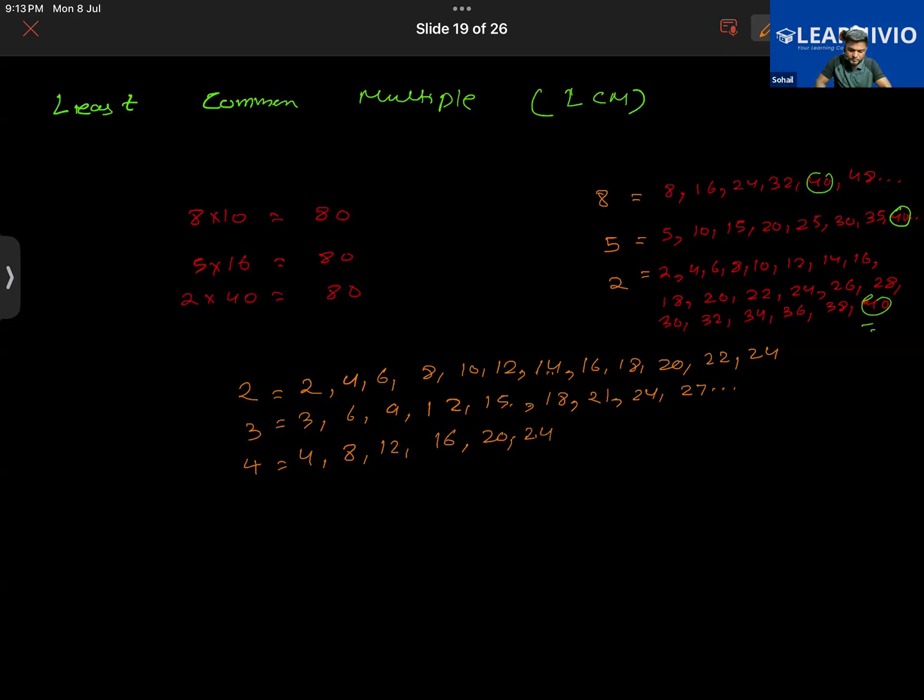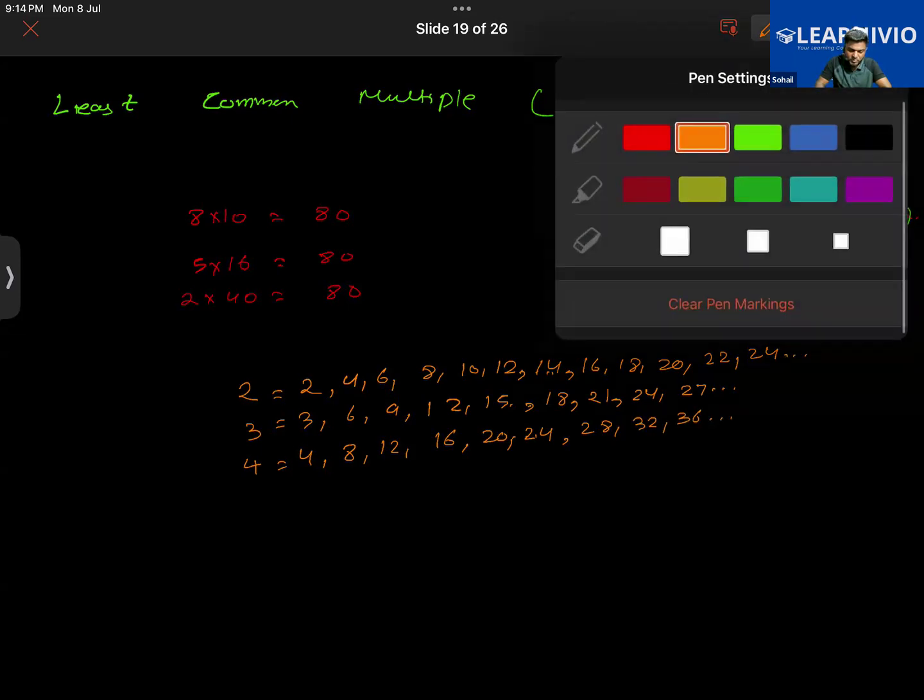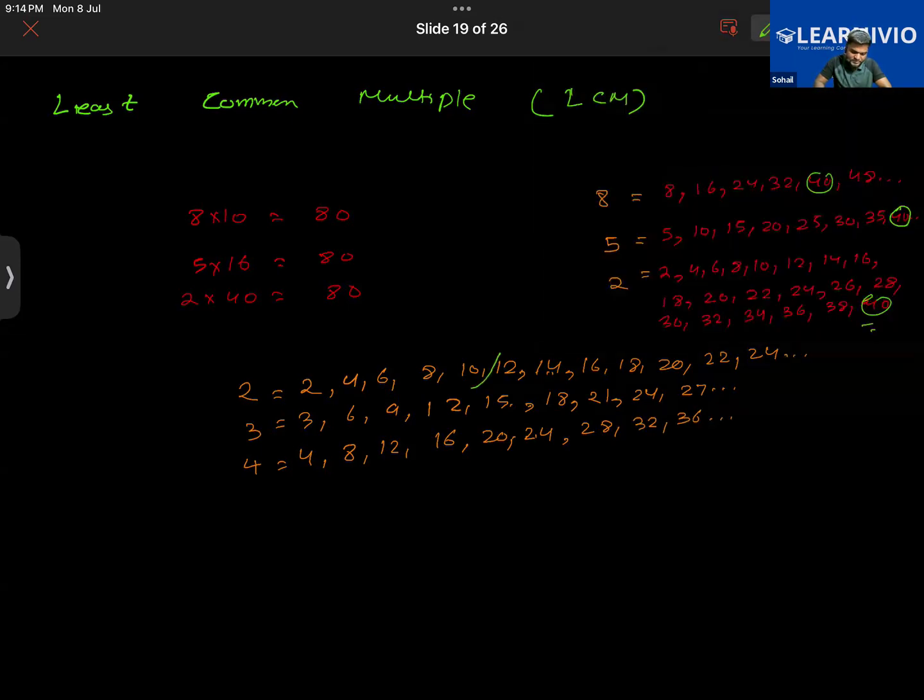Very good. So you'd have 24, 28, 32, 36, like this, many more. So the common multiples are as follows: the first one, as you guys told me, is 12, and that is correct. Next, 24.